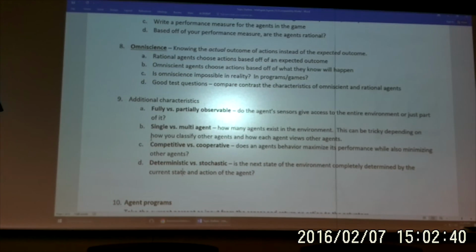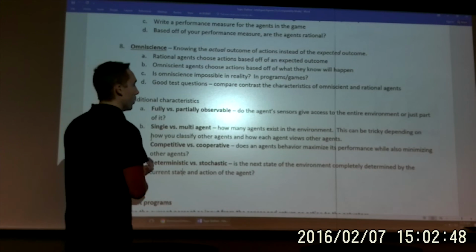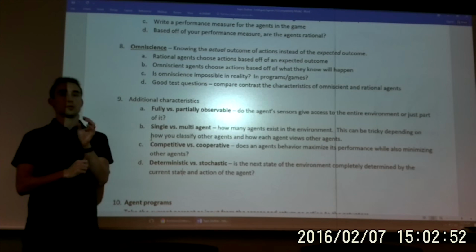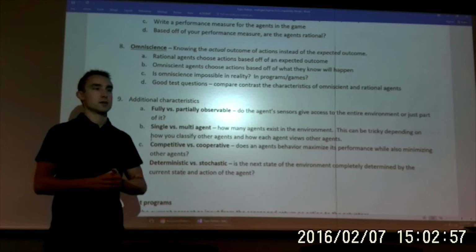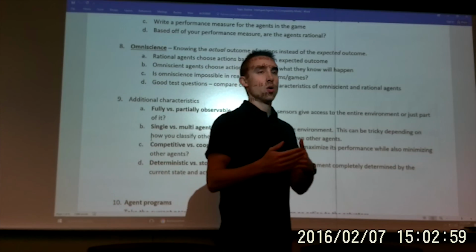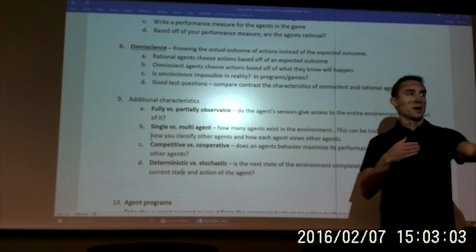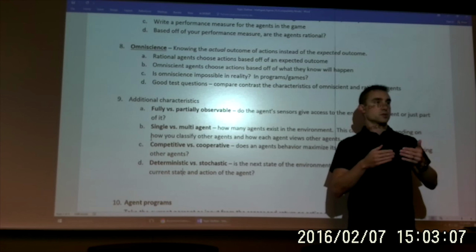Question. A lot of what we do this semester and a lot of the AI algorithms that we look at will be utilized only in certain types of environments. For example, we'll look at Minimax. That only works in an environment where there are two players, they act one at a time, they take turns.